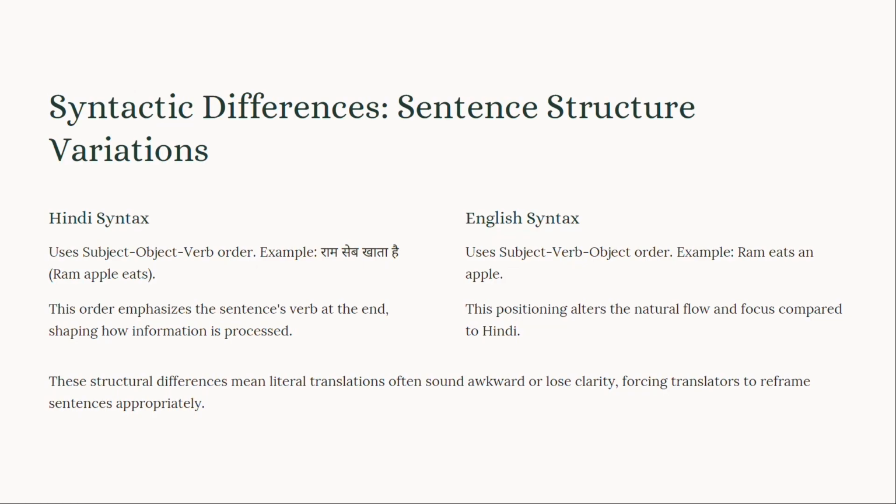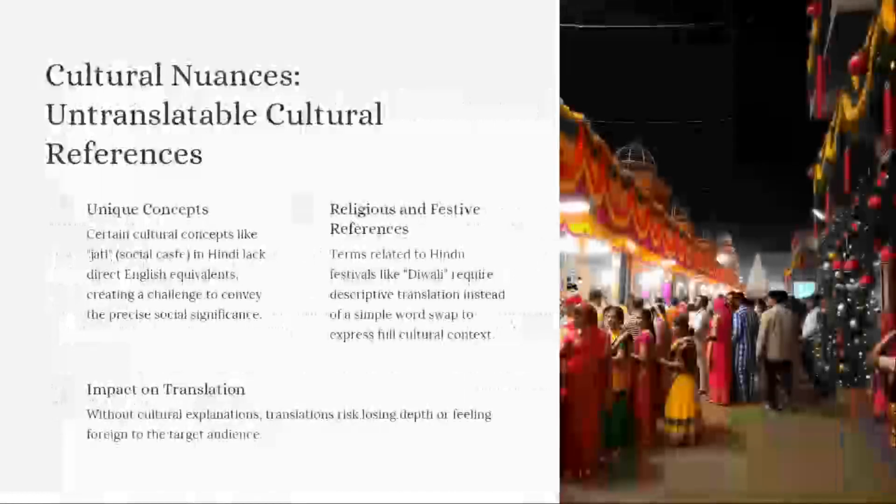It does not make sense at times. The clarity becomes ambiguous and it forces translators to reframe the sentences appropriately. So, when you are translating, first arise lexical ambiguities, which you can overcome when a word has multiple meanings. Then come syntactic differences, which means the sentence structures of both languages are different. So you will have to look after the syntax, meaning sentence structures, as well.